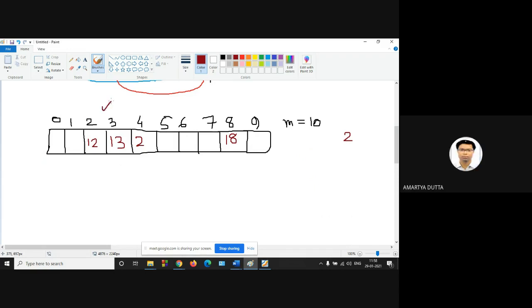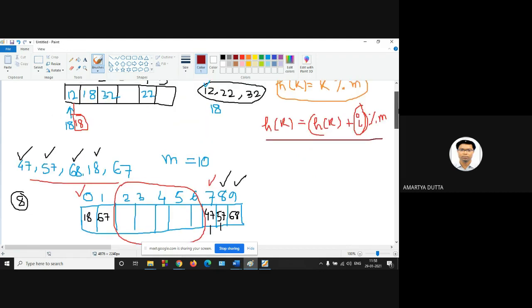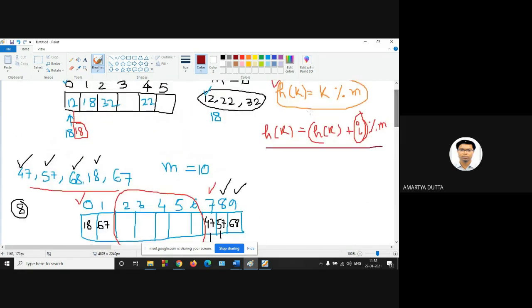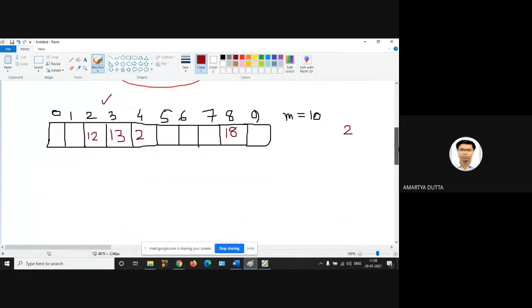At array index 3, this is the main formula: hk is equal to hk plus i, where i is the number of probes, mod m. The main thing is that hk is equal to k mod m, where k is the key.